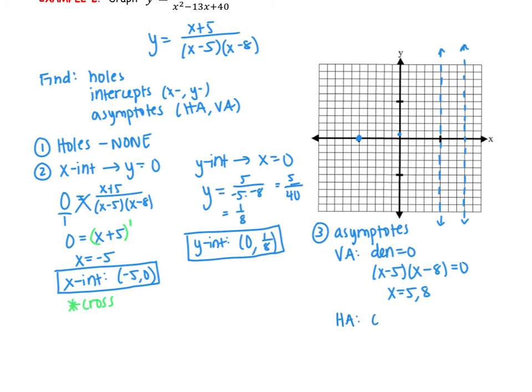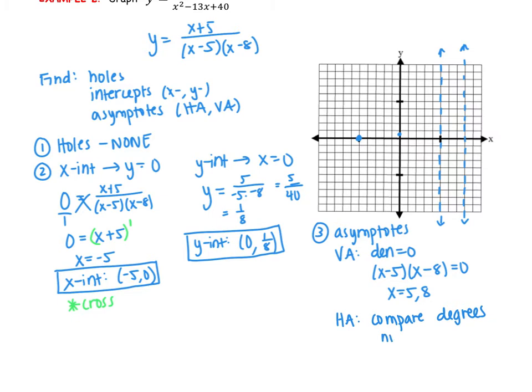The horizontal asymptote comes when you compare the degrees. In the numerator, we have x to the first. In the denominator, if we would multiply this out, we would have x squared. So they're not the same.